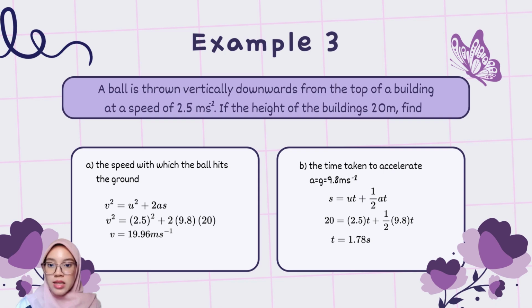So now let's look at the first one, which is they want to know the speed with which the ball hits the ground. We can use the formula v squared equals u squared plus 2as, and we substitute the values into the formula, which is v squared equals 2.5 squared plus 2 times 9.8 times 20.